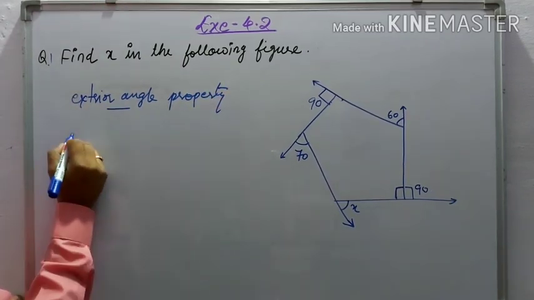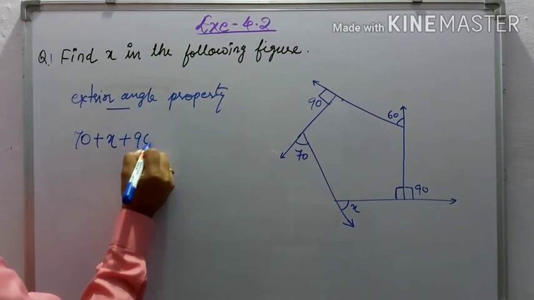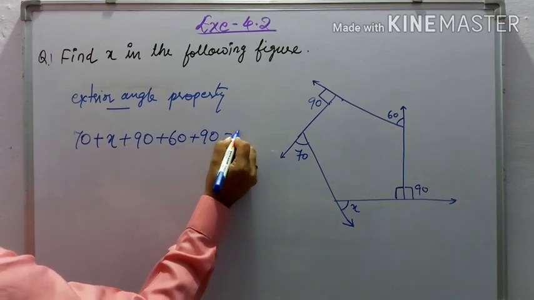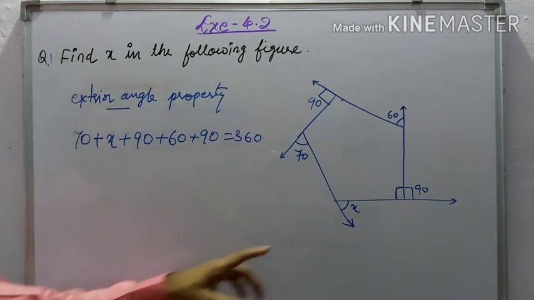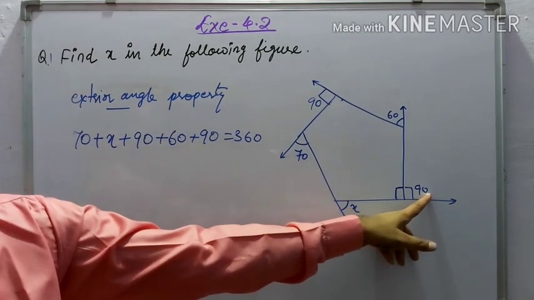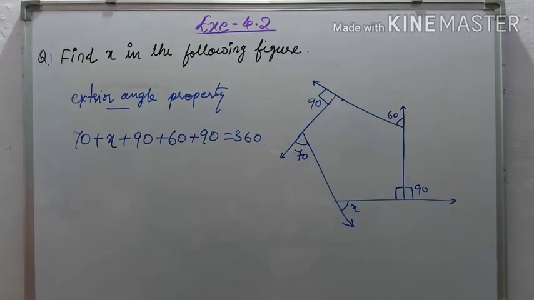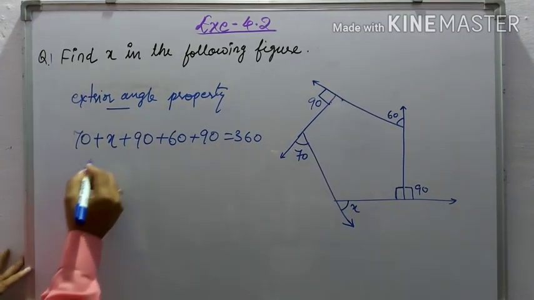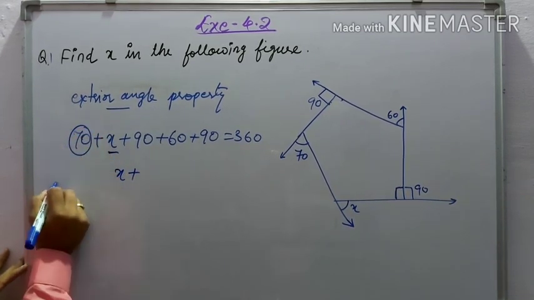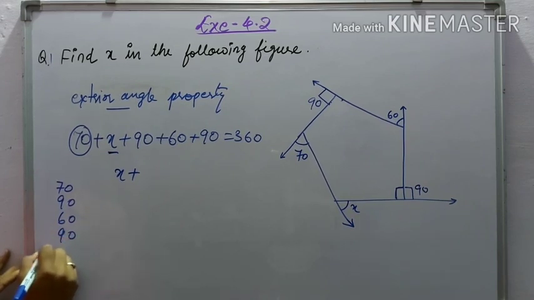Exterior angle property means you add 70 plus x plus 90 plus 60 plus 90 is equal to 360, where 70 is the first angle, x the second, 90 the third, 60 the fourth, and 90 the fifth angle.